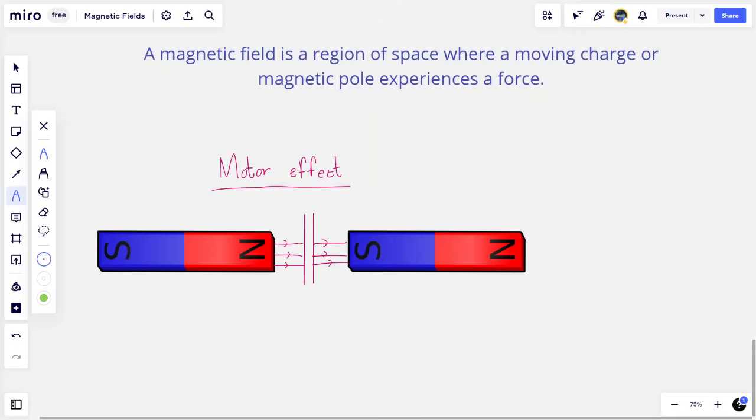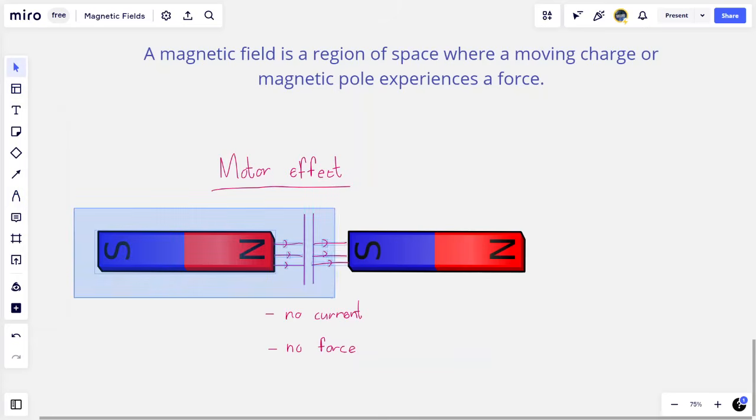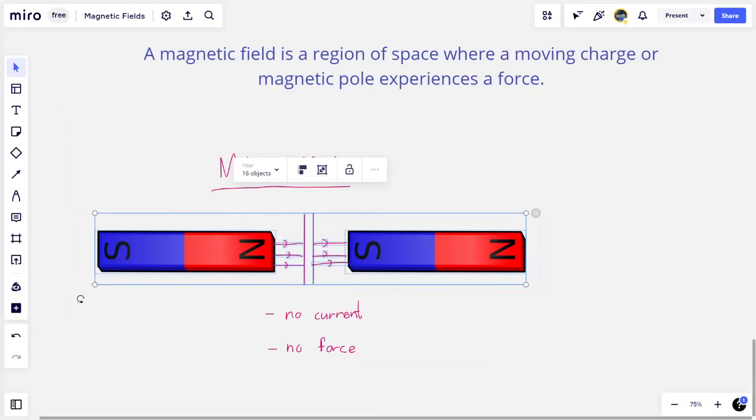The field still continues to go, but there's no current in this wire. It's just a neutral wire, and nothing happens to the wire. But I'm going to change this scenario very slightly. I'm going to leave the magnets as they are, north to south, and so the field lines point from north to south.